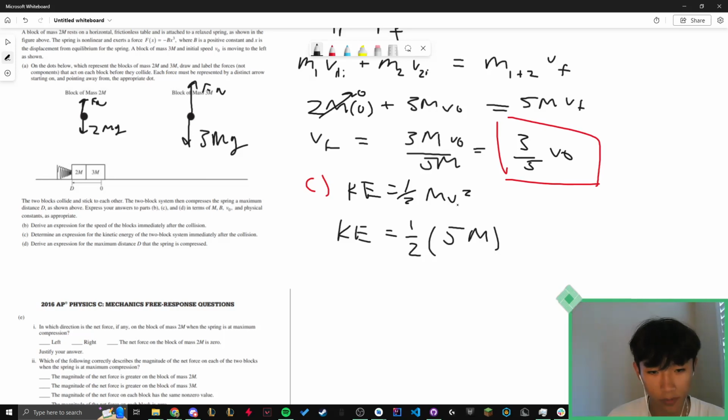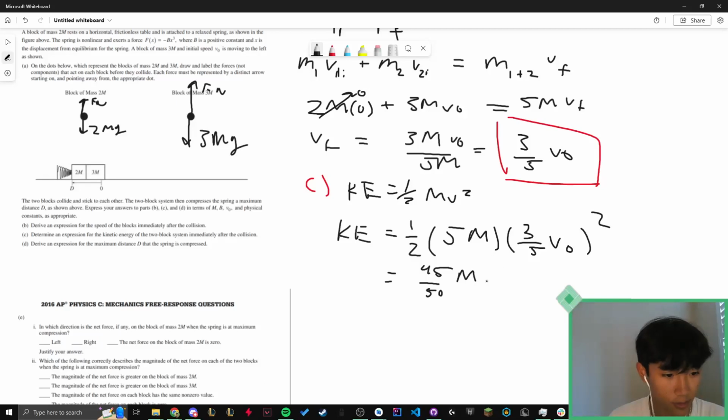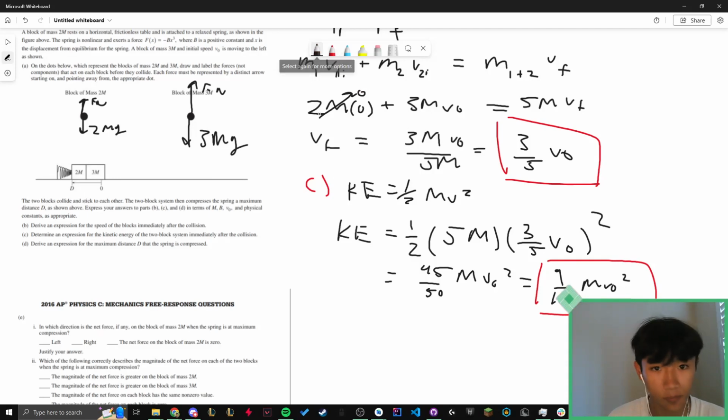And the velocity is just what we solved for right here, because they're asking for the kinetic energy immediately after the collision, and we just solve for the velocity after the collision. 3/5 v naught, whole thing squared. So what is this? 45 over 50 m v naught squared, which is equal to 9 over 10 m v naught squared. That's your answer for the expression of kinetic energy.